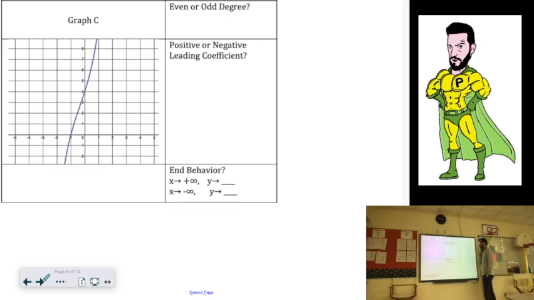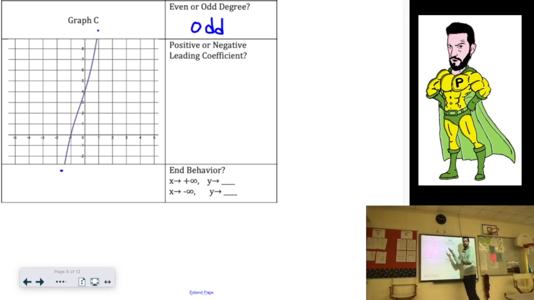Graph C. Now I see it starts low, it ends high, so that would indicate that it is an odd degree, right? Because they start and end in different locations. Now, positive ones, when they're odd, start at the bottom at negative infinity and go towards positive infinity, which this does.